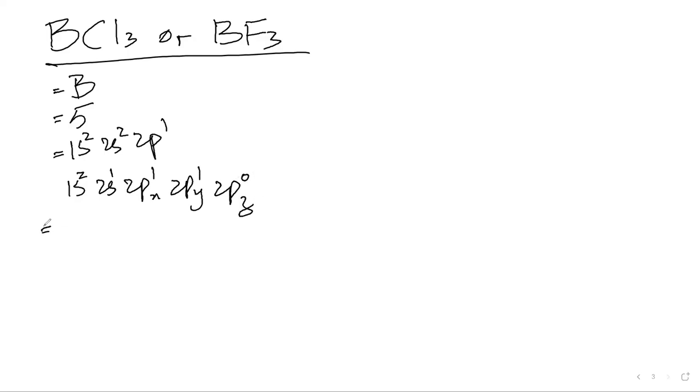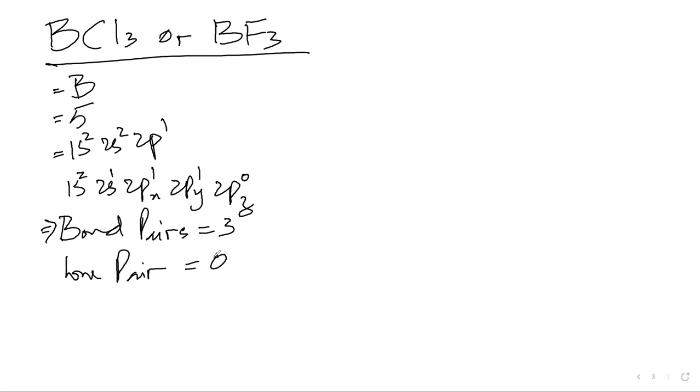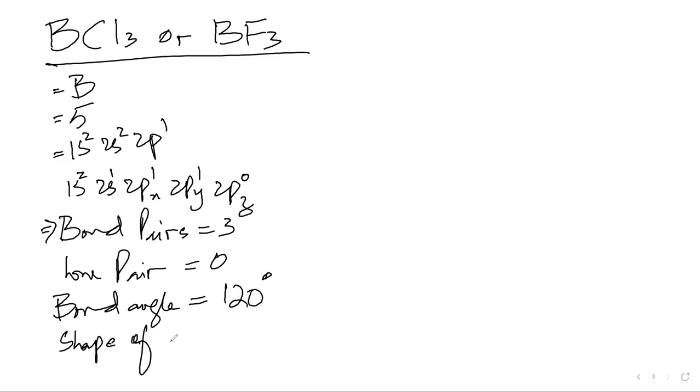So by this arrangement of electrons, there are only 3 bond pairs. And how many lone pairs? 0. Whenever there are 3 bond pairs and no lone pair, the bond angle is 120 and the shape of the molecule becomes trigonal.